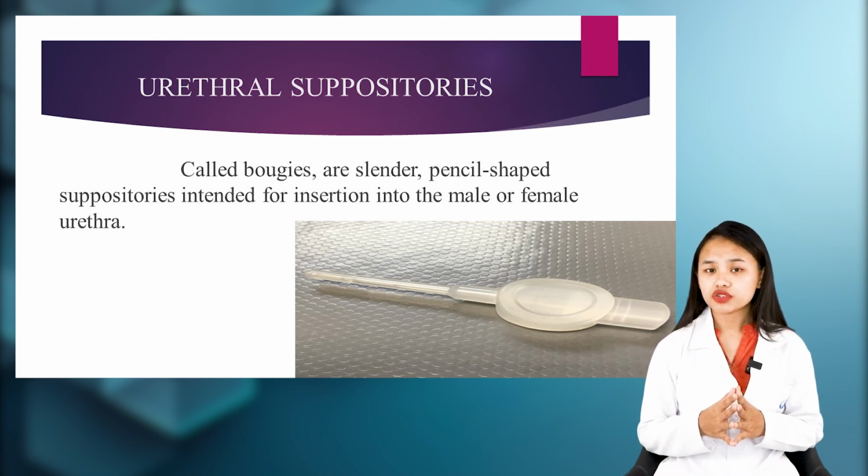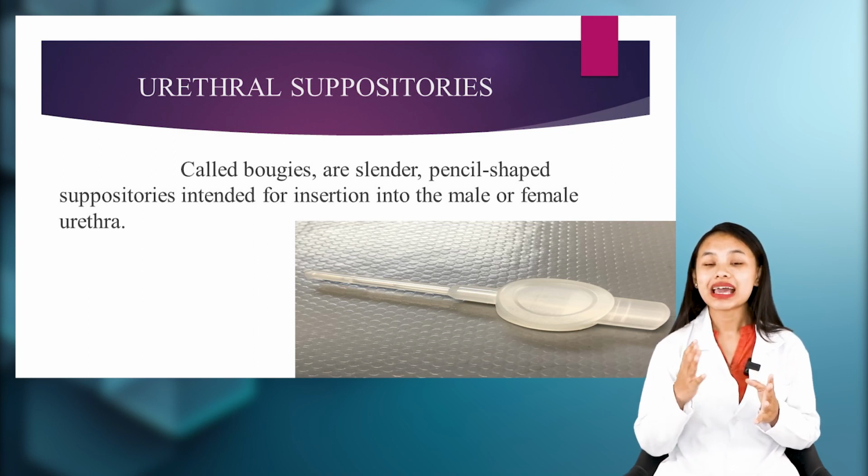The male urethral suppository will be about 3 to 6 mm in diameter, about 140 mm long, and may weigh about 4 grams. Whereas the female urethral suppository will be half the weight and size of the male urethral suppository.